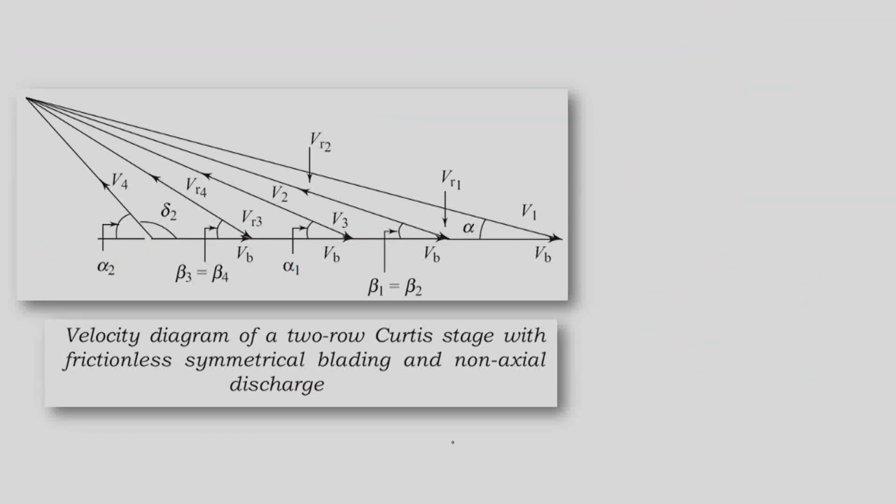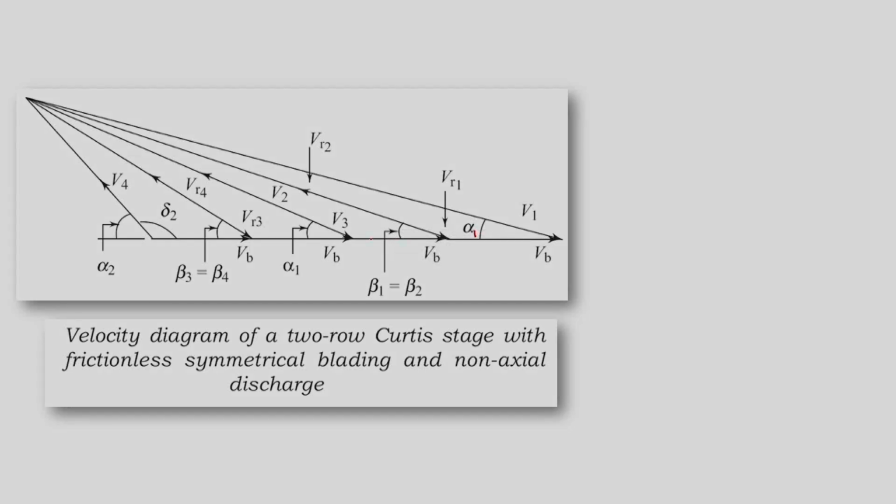Now let us see the optimum condition for the two-stage Curtis turbine. So here we are again drawing the same velocity diagram as what we drew earlier, but here while drawing this we are not considering the axial discharge, we are considering non-axial discharge, but we are still considering the blades to be symmetrical.